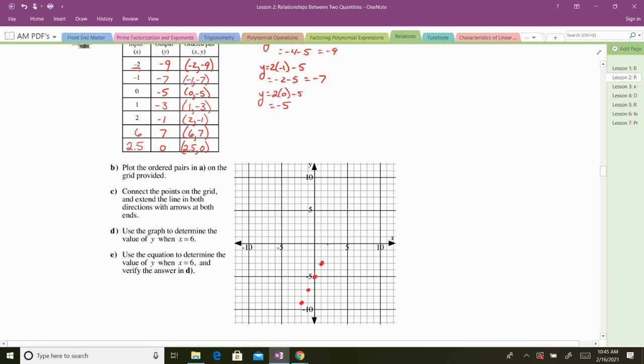Make sure you can do this because I will ask you to do this on a test or quiz. And 2.5, just guess where that is.